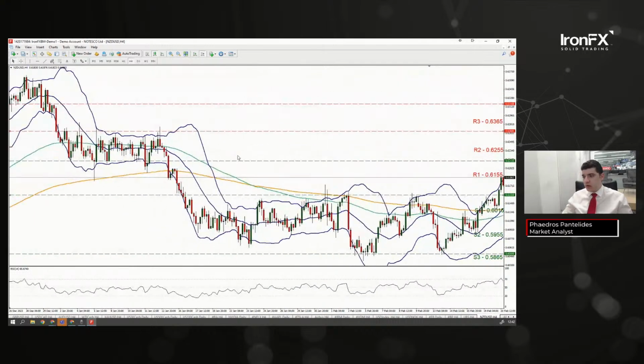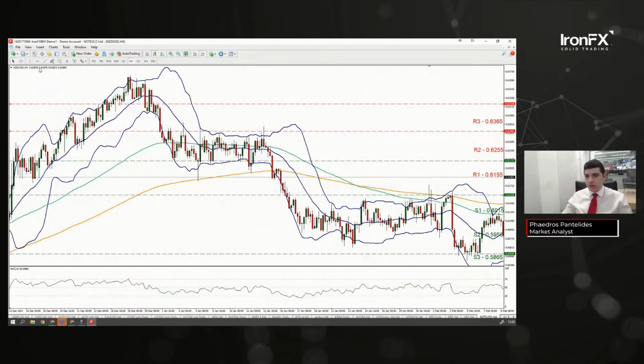Let's see, so I've got R1, R2, R3. If I place R3 up here, that's a bit too far away from my R2. If I place R2 here, I've got multiple touches validating this as a resistance turn to support. Broke down below, broke down above, closed and opened, failed to break up, so came back up, did not manage to, opened, tried to break up, did not, came back down.